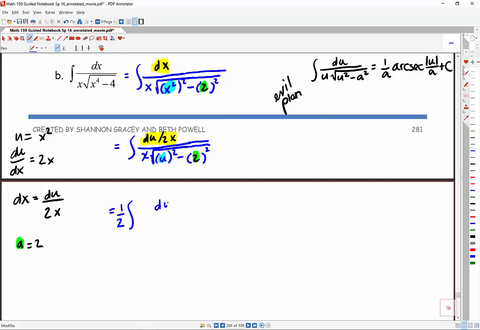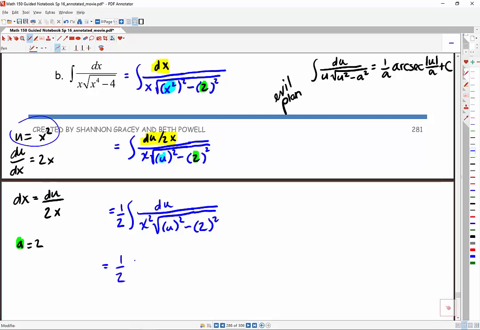So this would be 1/2 times du over x squared times the square root of u squared minus 2 squared. But what was u? u was x squared, right? So here we go.